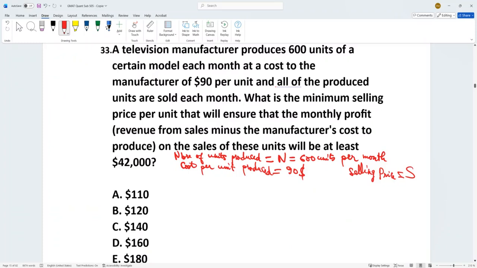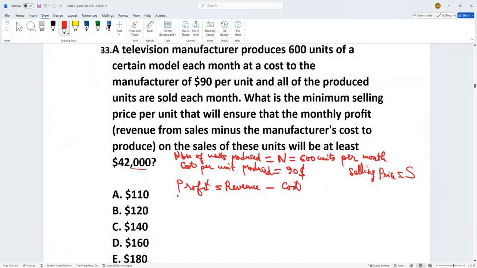So how can we find the selling price? One thing we know is that profit, because we have the profit here, should be at least 42,000. At least means that the lowest profit that we can get is 42,000. So profit is equal to revenue minus cost.